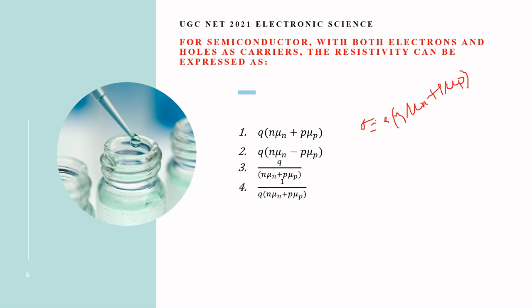So what is the resistivity? Resistivity rho equal to 1 divided by sigma. So 1 divided by sigma means 1 divided by E into N mu N plus P mu P. So the right answer is this.